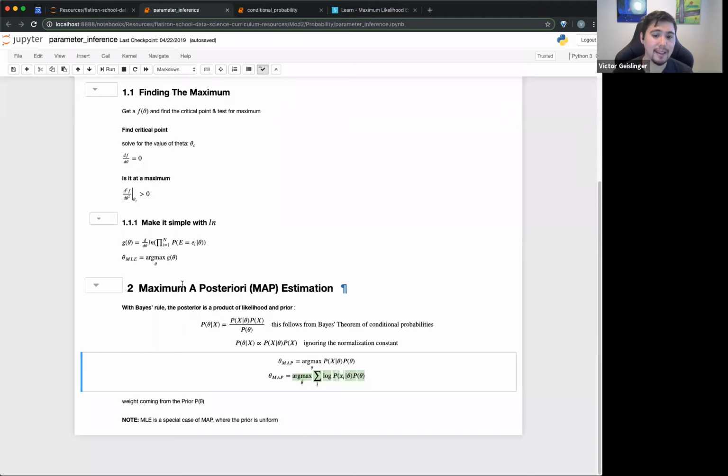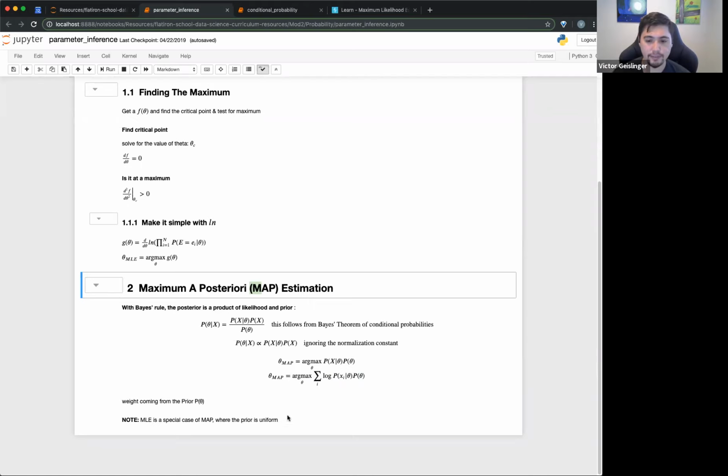So maximum a posteriori, or MAP estimation, is the same thing as MLE when we consider the probability to be uniform. It's just a quick side note, saying we can do this whole process again with a different assumption, and we still arrive at essentially the same answer. But I just put this in there. Okay.